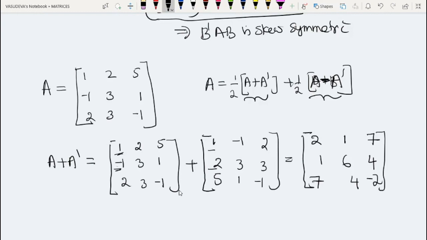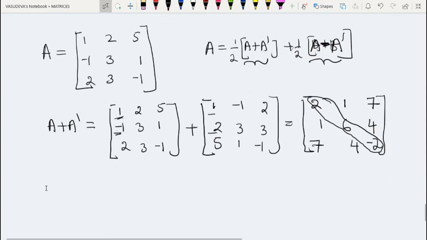So observe that the elements above the principal diagonal are the same as the elements below the principal diagonal. Absolutely, A plus A dash is the symmetric part of the matrix.